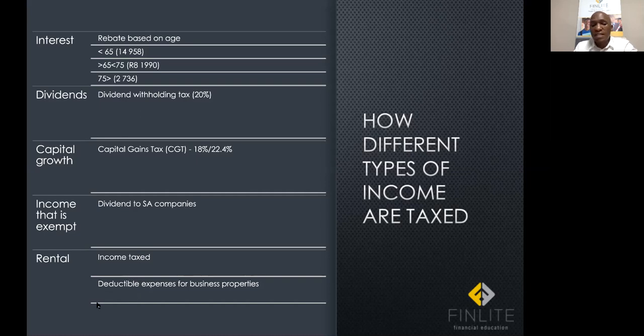If you hold the assets via a company, like properties under a company, whatever expenses you incur are expenses of a business, so they become deductible. You can deduct maintenance or whatever you are spending on that property as an investment, which reduces your taxable income. Those are the different types of taxes on the different types of income that you should be aware of. Let's go forth.